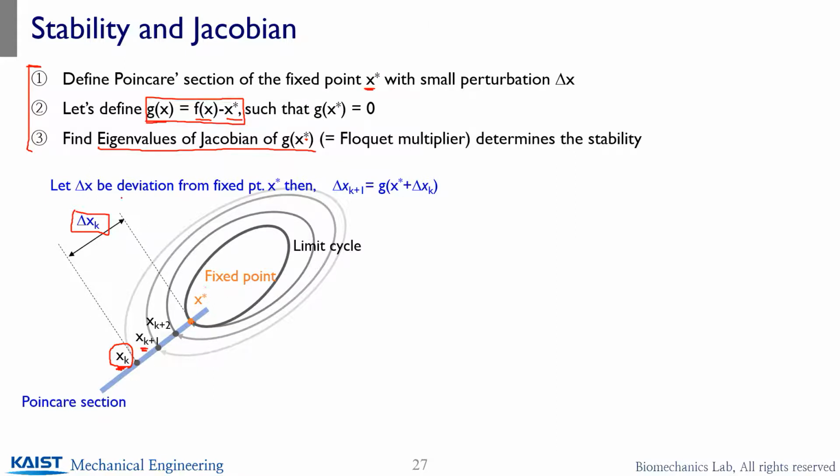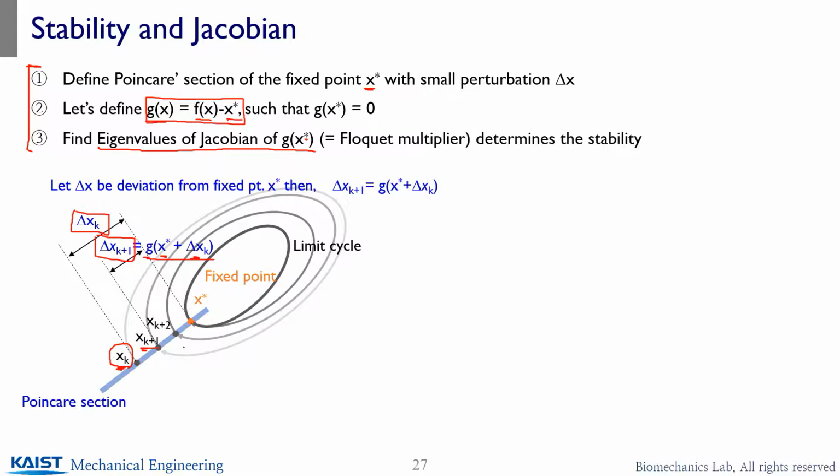That's how you define the deviation. Then for your next value, xk plus 1, the deviation of that value from the fixed point is defined as delta xk plus 1. So that's the function g, which takes the deviated input and subtracts the fixed point.